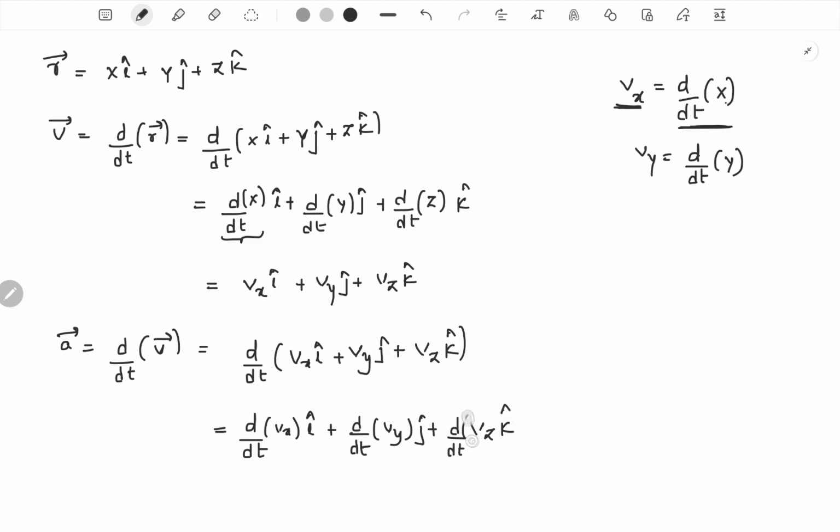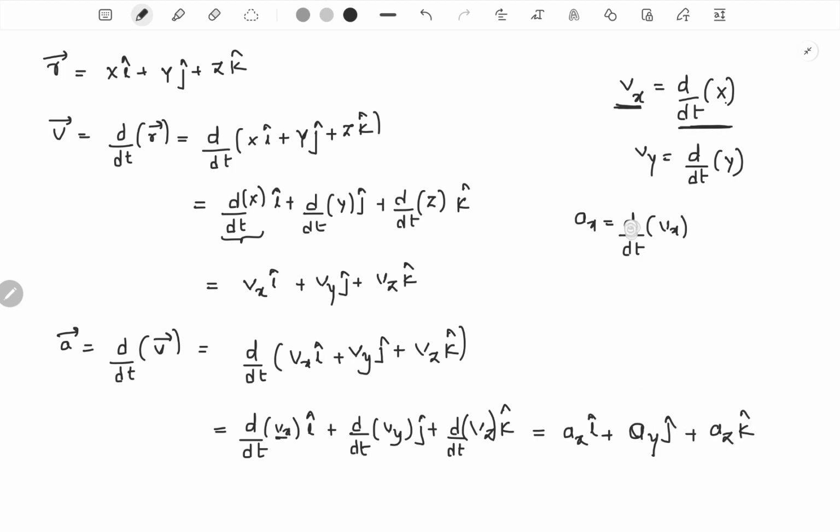Okay, so the rate of change of the x component of velocity, we can write as the x component of acceleration. So ax is equal to d by dt of vx. Similarly, d by dt of vy would be equal to ay, or the y component of acceleration, and d by dt of vz is nothing but az k cap.